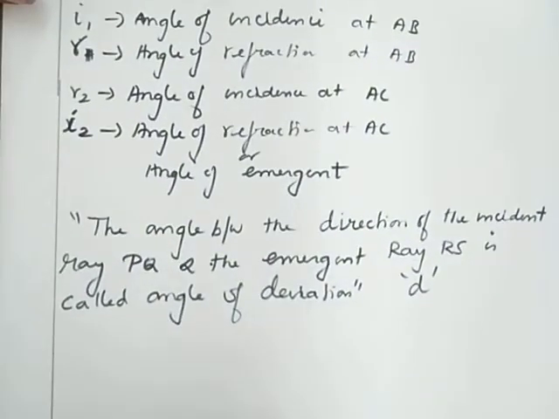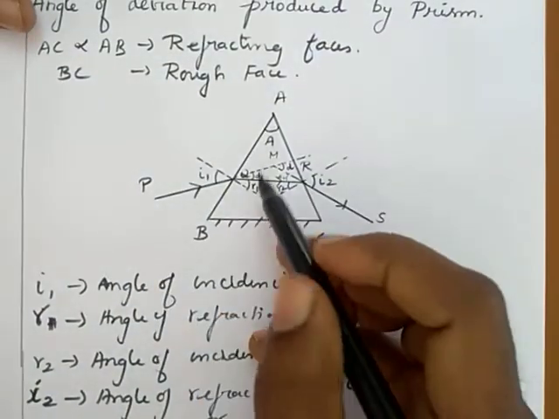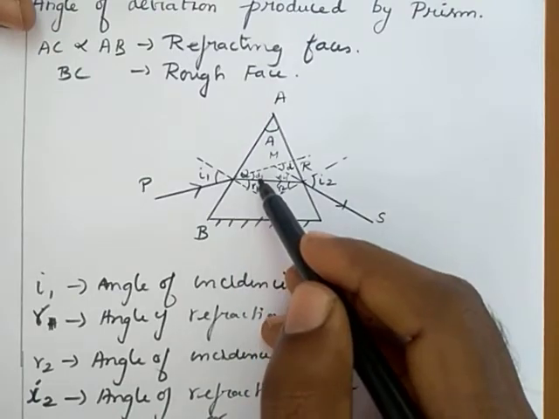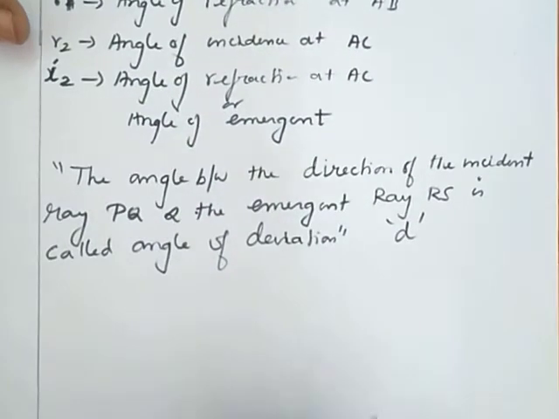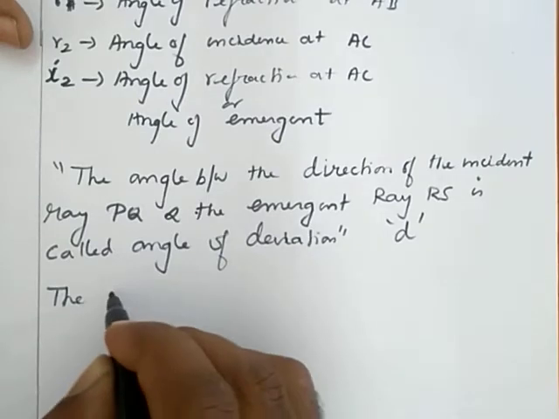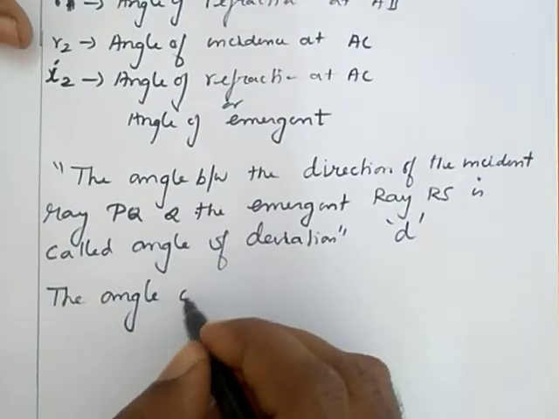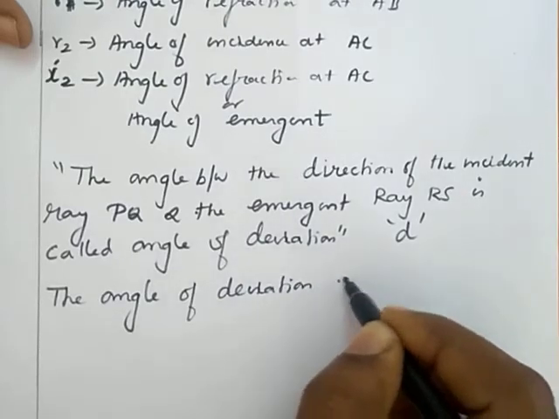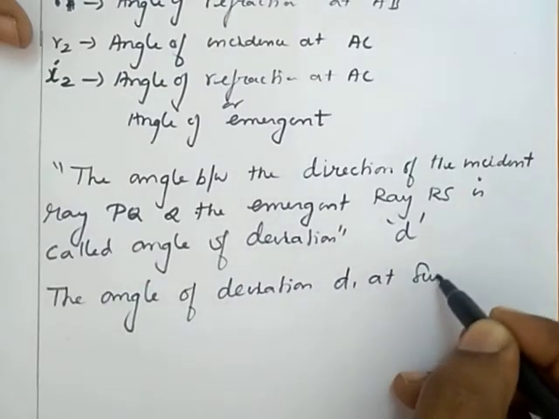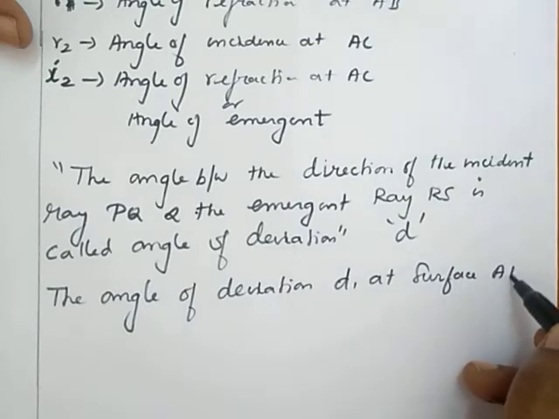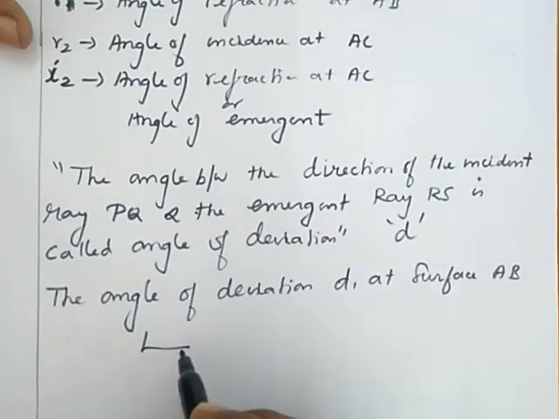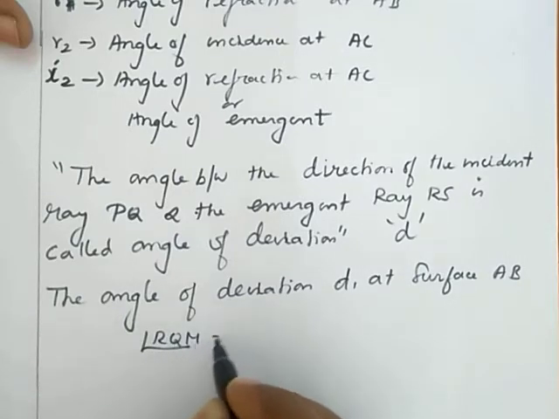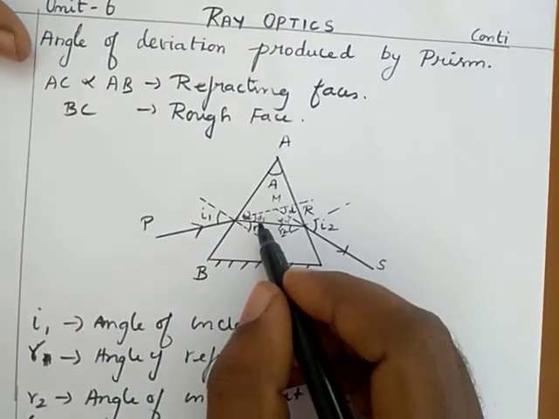Here I consider first of all the angle of deviation at the face AB. We need to find D1. The angle of deviation D1 at the surface AB is equal to angle RQM, that is D1.